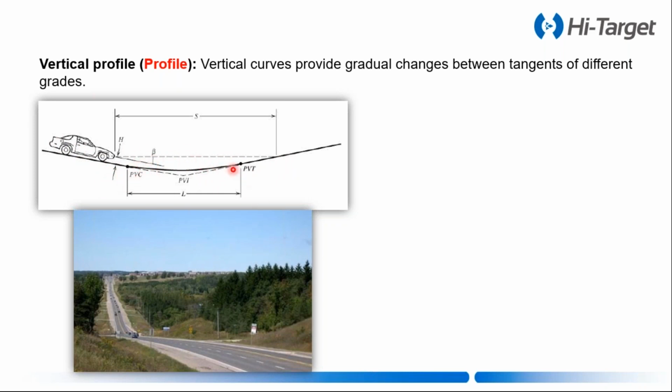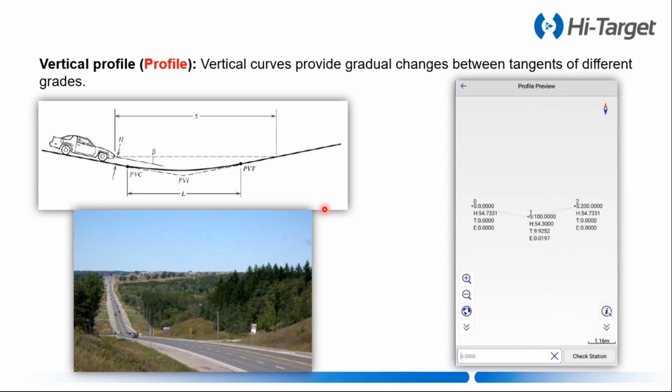So between these two straight lines, there should be a curve to make the car drive more stable. And the picture on the right is a preview of the vertical profile in Highway Road.